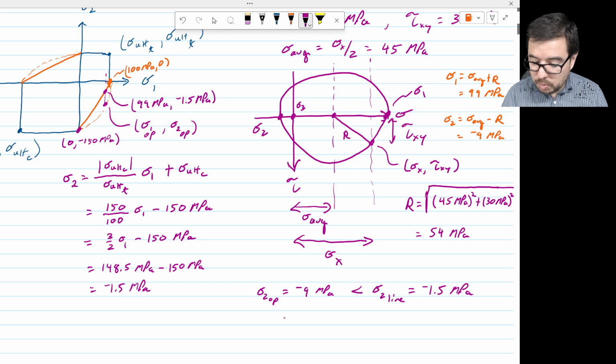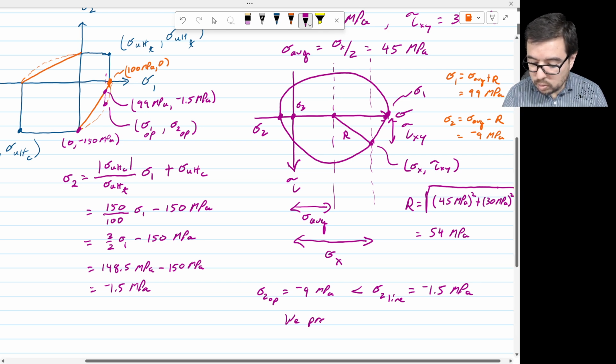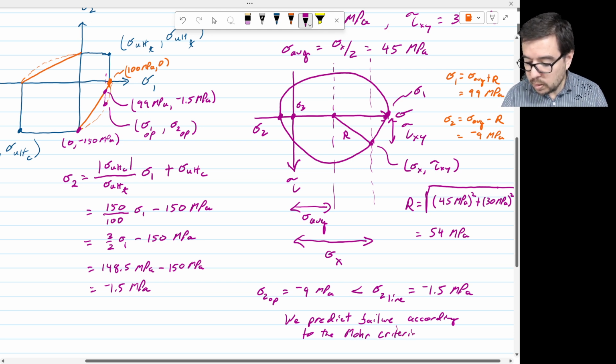So we predict failure according to the Mohr criterion for brittle materials.